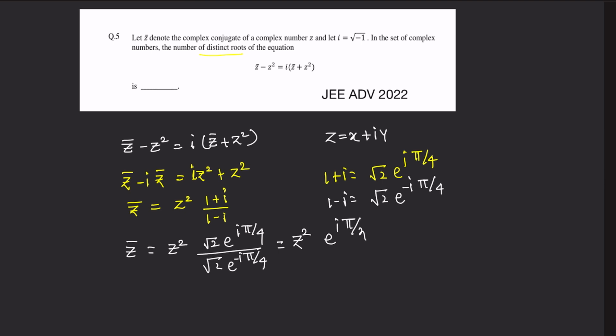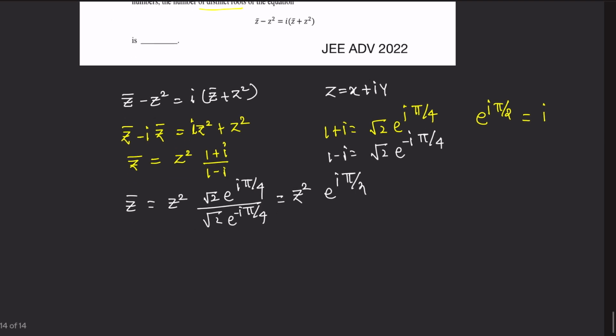From the standard result, e to the power i pi by 2 is nothing but i. So we get z bar equals z square i.